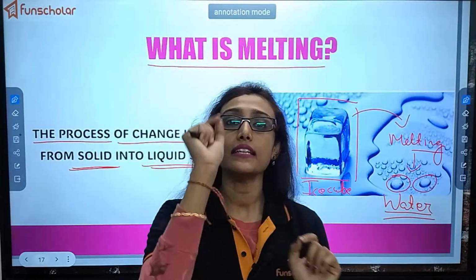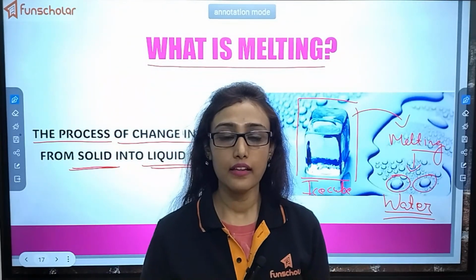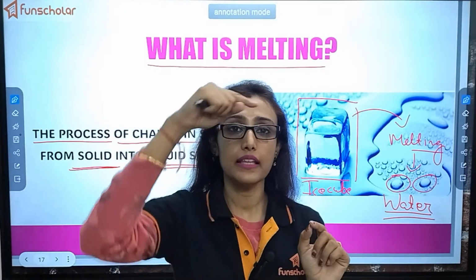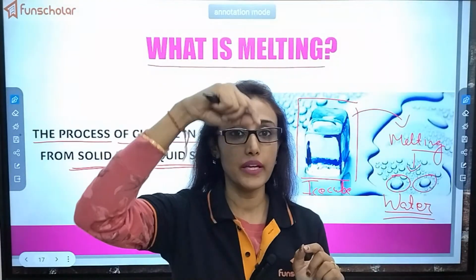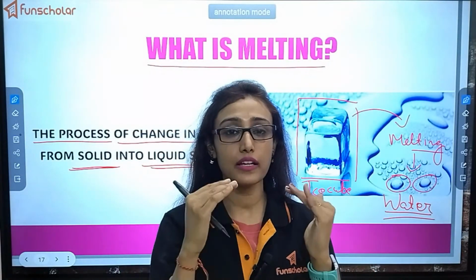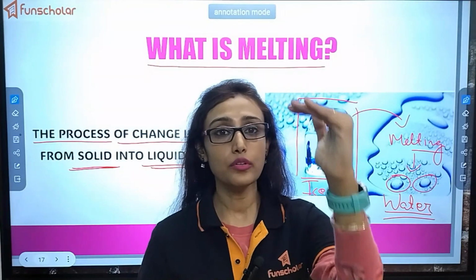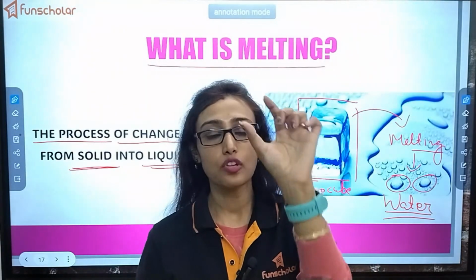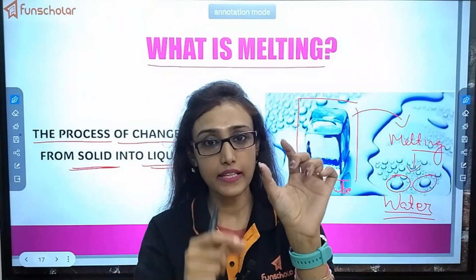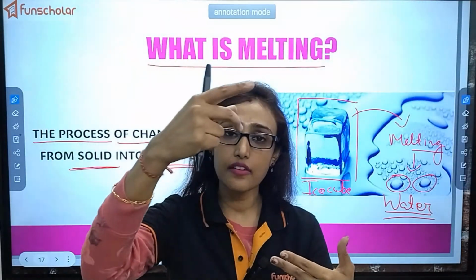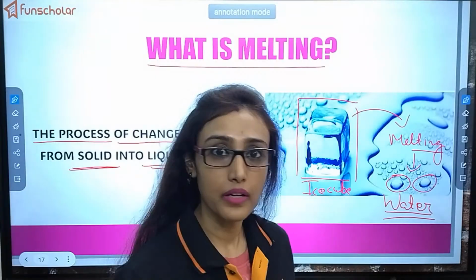Even when you light a wax candle, have you ever observed that the upper portion turns liquid and slowly the size of the candle reduces? You know why? Because due to the presence of heat, the solid candle starts melting and it takes the fuel so that it can burn.